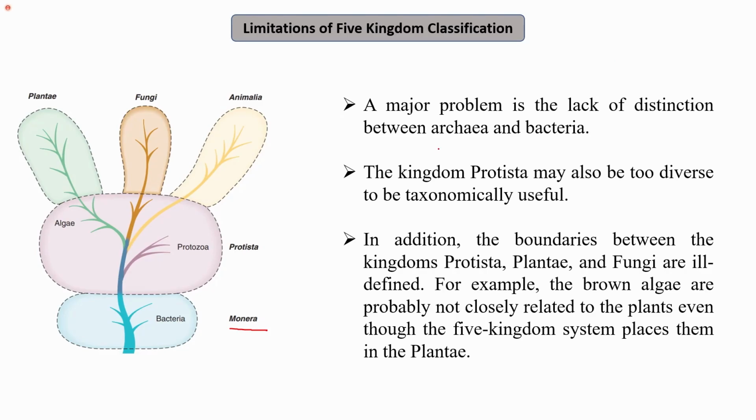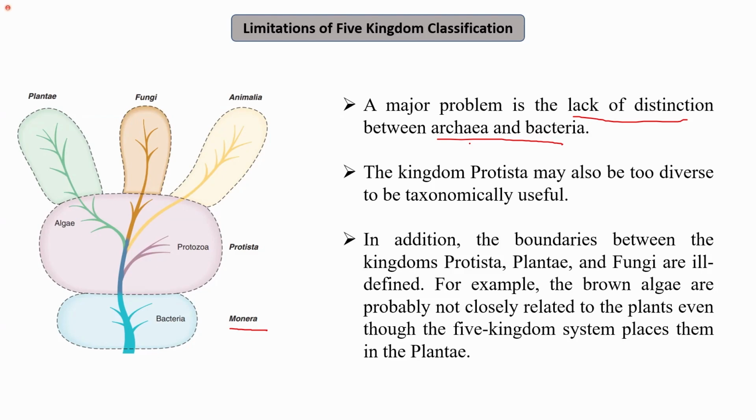However, there are certain differences between the archaebacteria and bacteria in their cell wall composition, in their method of reproduction, etc. That we will understand in the later lectures. But the major problem with this 5 kingdom classification was that it lacks the distinction between the archaebacteria and bacteria.